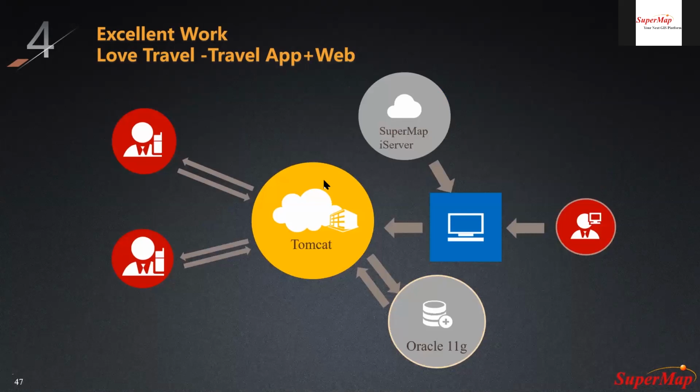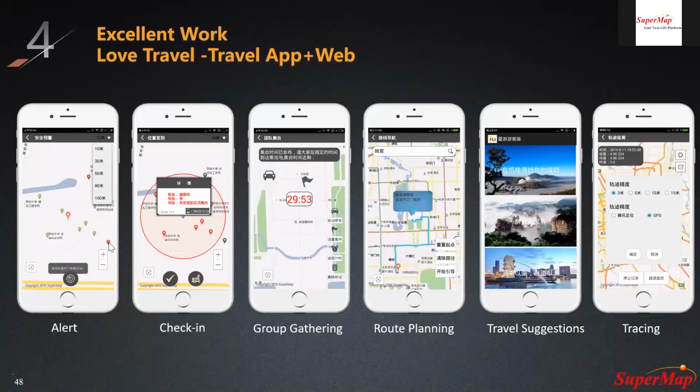And here's some emphasis on the functions of the system. We can see that the mobile phone app has the function of alert checking, group gathering, route planning, giving travel suggestions, and also tracing.